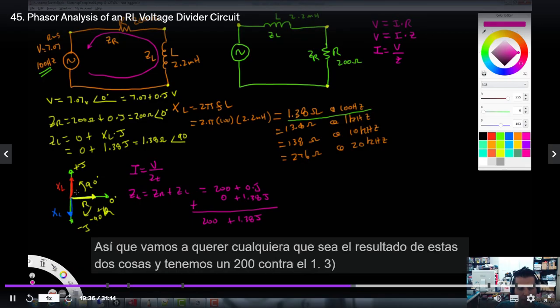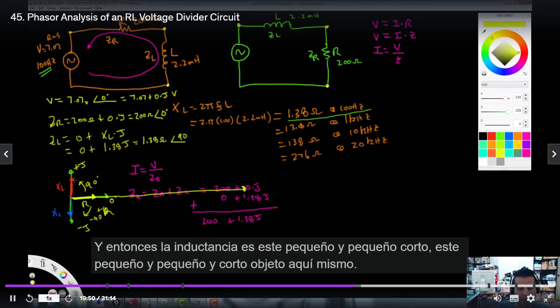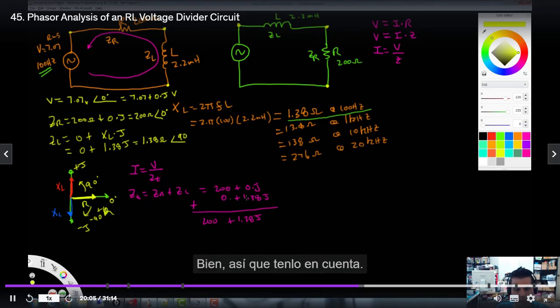We're going to want the result of these two things, and we've got a 200 against the 1.38. So in reality, the resistance is very, very long, and then the inductance is this little tiny short thing right here. So when we find the result of these two things, it's going to be skewed towards the real part. Keep that in mind.